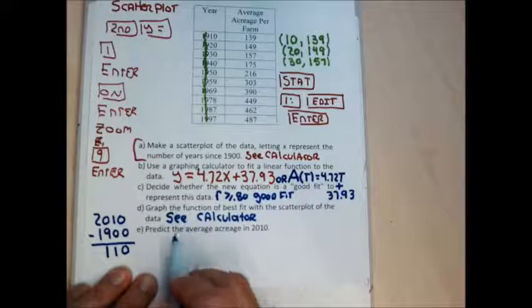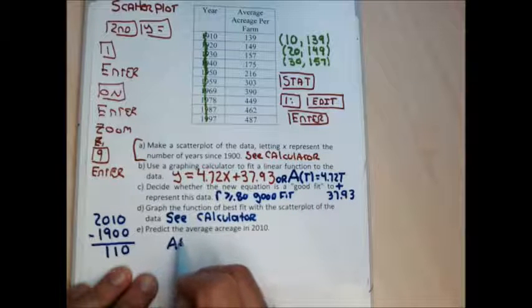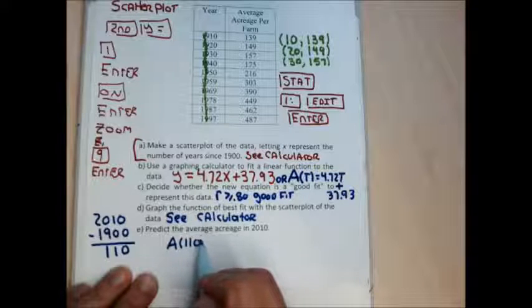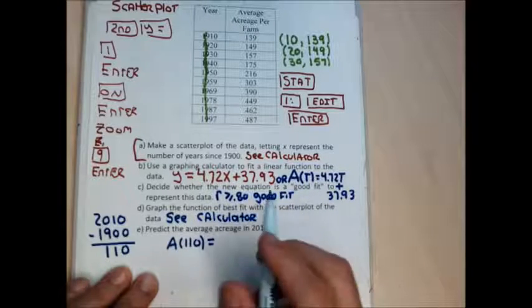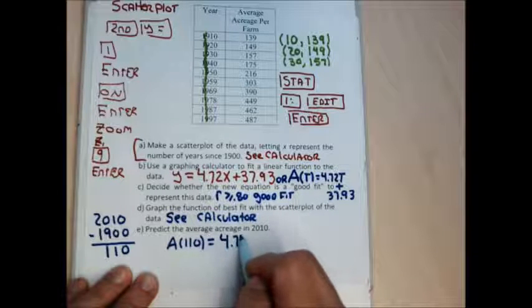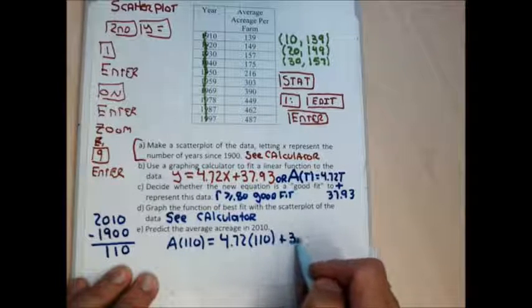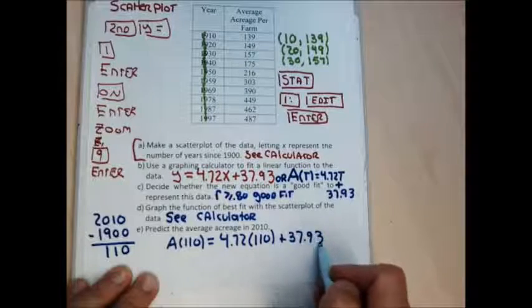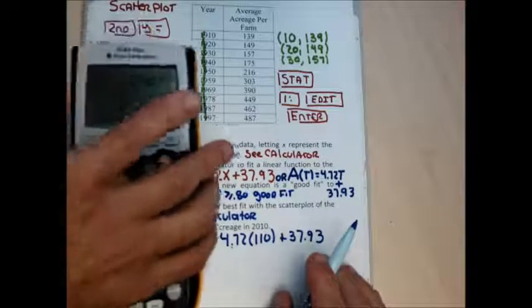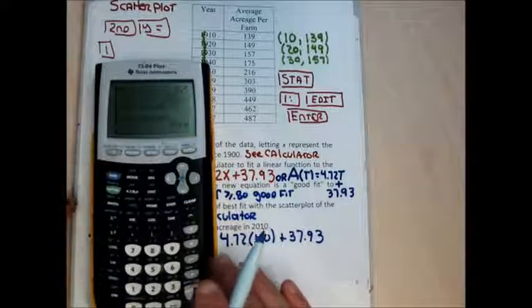To predict the average size of a farm in the year 2010, I'm going to plug 110 in for the data and go 4.72 times 110 plus 37.93. I didn't put anything about rounding here, so I'm going to have to round on the cuff.